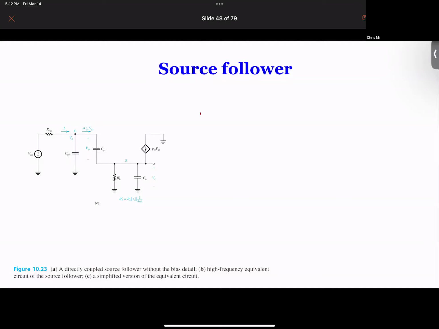So basically, A(s) equals VO over VSIG, which is the gain, equal to AM, the middle band gain, times 1 plus s over WZ, over 1 plus B1 s plus B2 s squared.